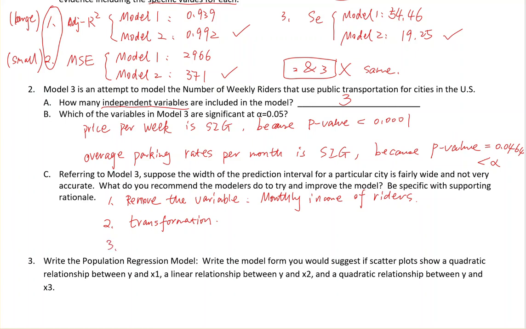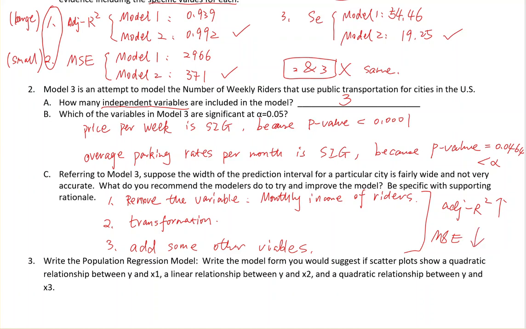So number 3, since the monthly income of writers doesn't contribute to this regression, maybe we can try to add some other variables into the regression, to see whether the adjusted R-squared increases and the MSE decreases, right? So with all of these ways, we want to see the adjusted R-squared increase and the MSE decrease.